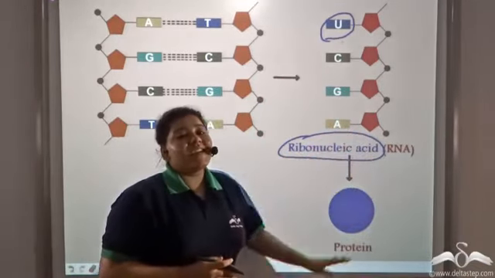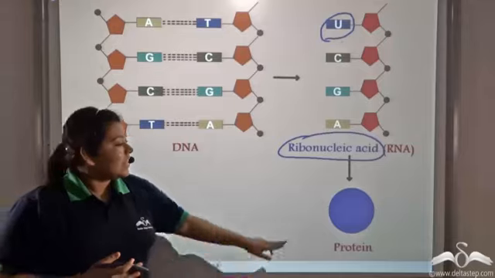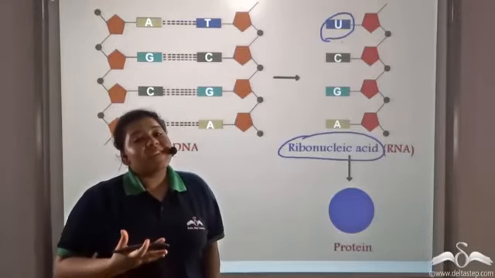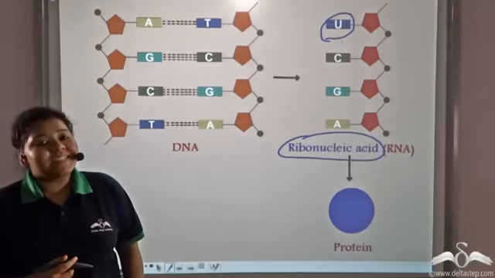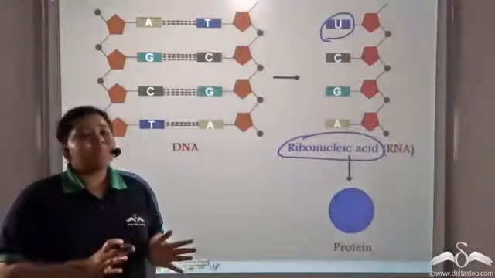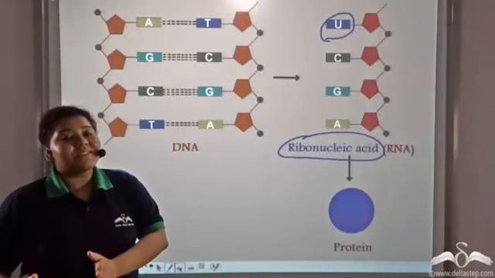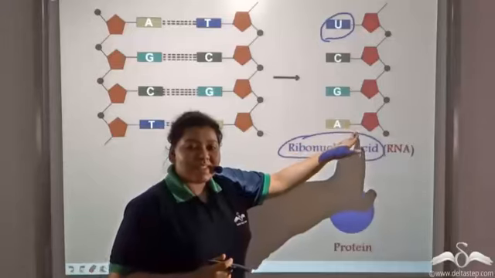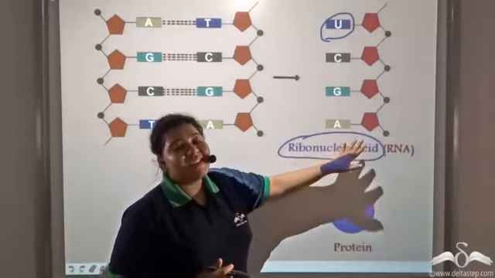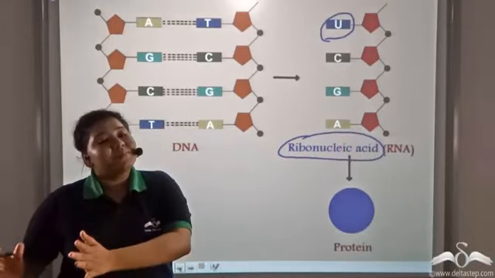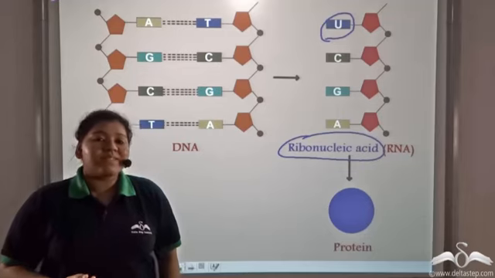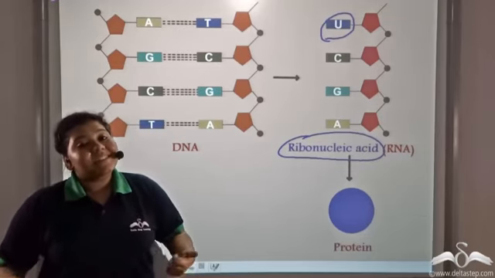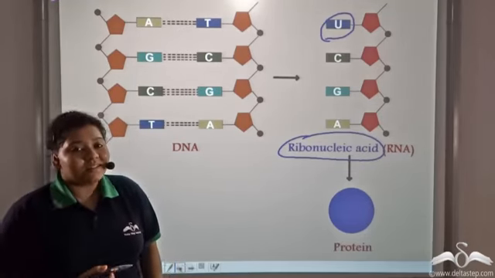Now, this RNA forms a protein in the cytoplasm which expresses characteristics in the body. Corresponding to different DNA codes, different RNAs are formed in the nucleus, and different RNAs code for different proteins in the cytoplasm which express different features in a person.